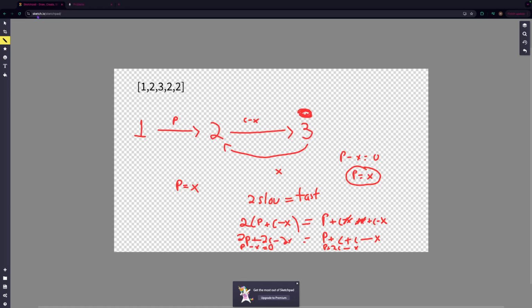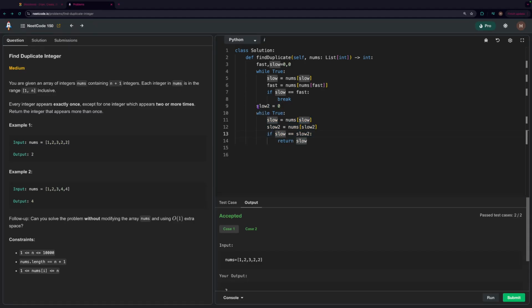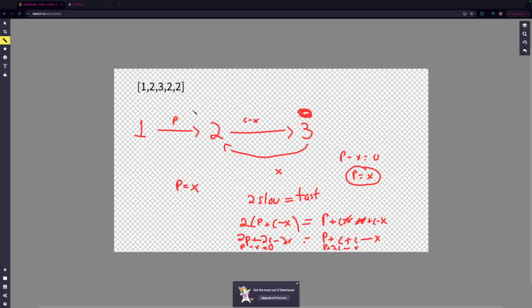So based off that fact, what I'm doing here is I'm initializing another slow pointer that starts at the beginning of the linked list again. And then we're going to increment the slow pointer and the other slow pointer by 1 each time. Then at some point, they're both going to have to intersect.